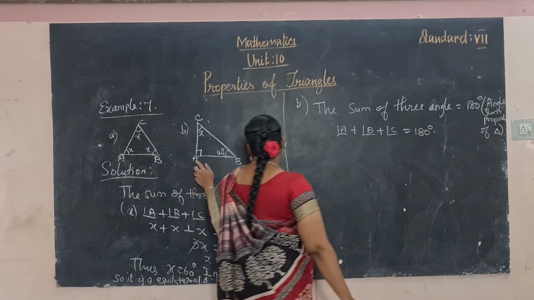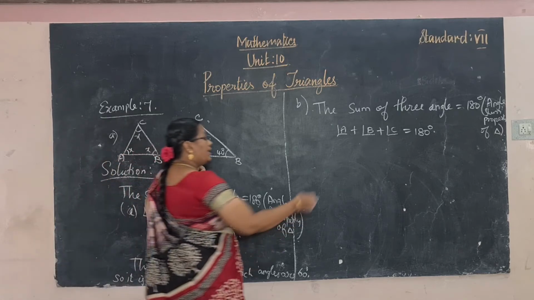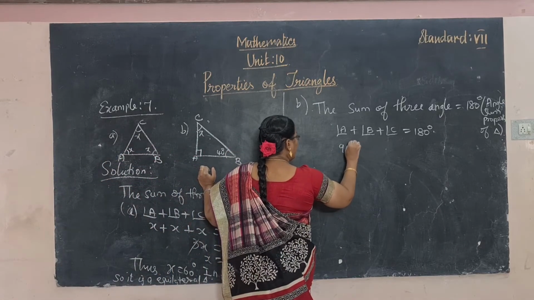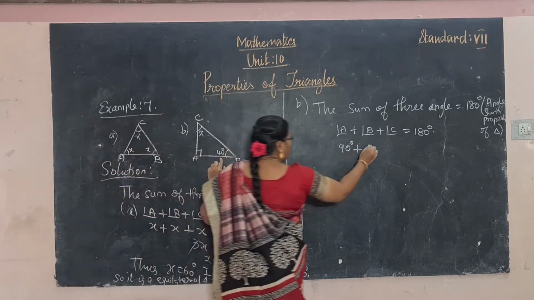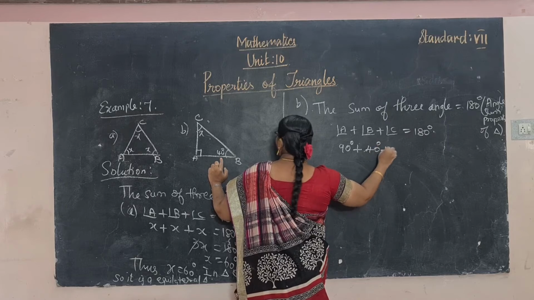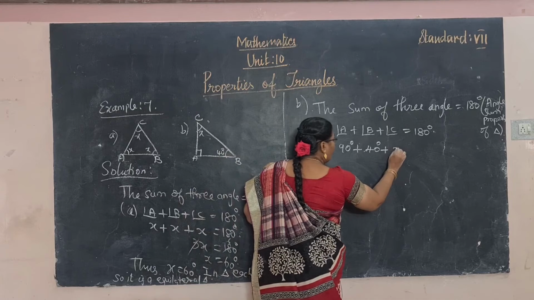What is the value of A? Here 90 degrees, a right angle. What is the angle of B? 40 degrees. What is the angle of C? X. We have to find the value of x.